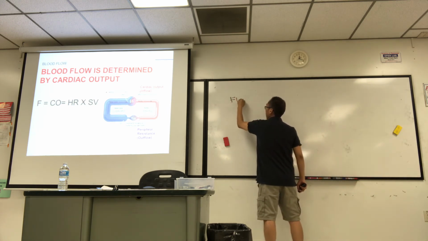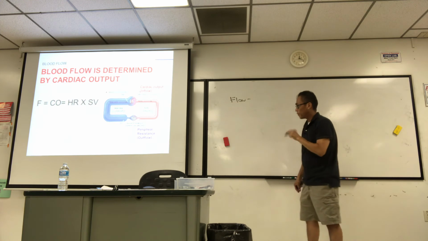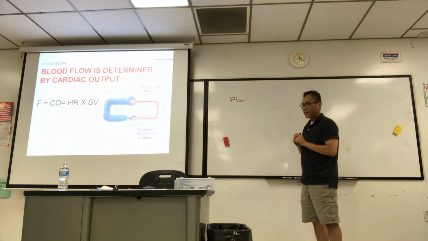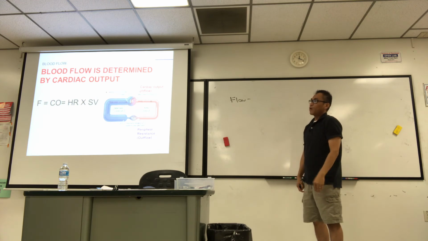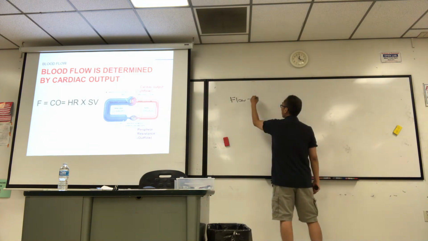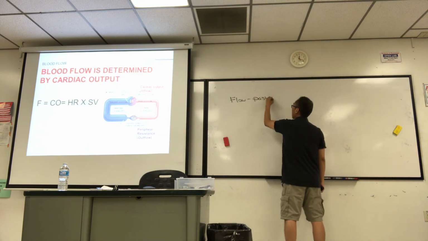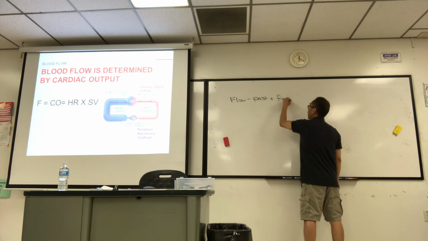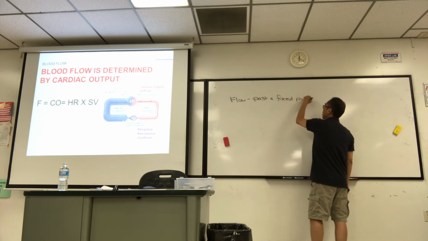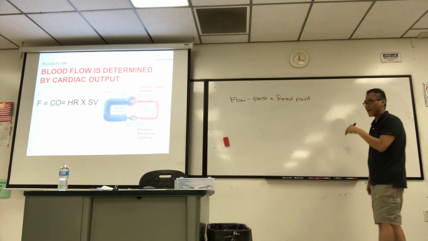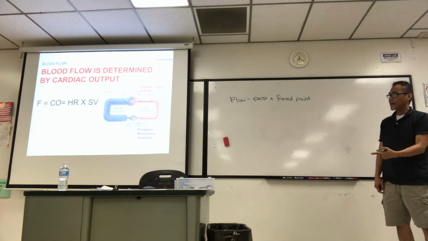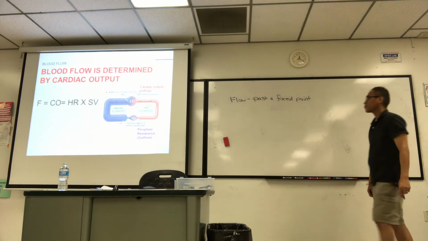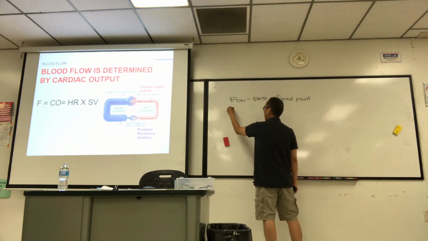In any generic class when you're studying fluid flow and fluid mechanics, the flow of any fluid, you study it by talking about flow past a fixed point. That kind of gives you your flow rate, so you can assess that. So for us, it's simply blood flow past the semilunar valve. That's what we've got to think about.